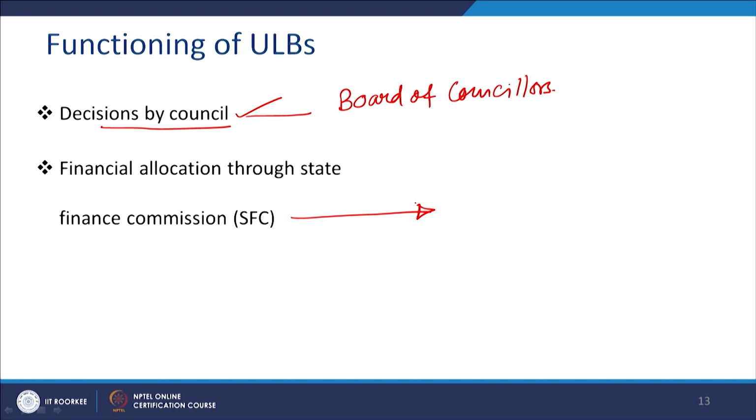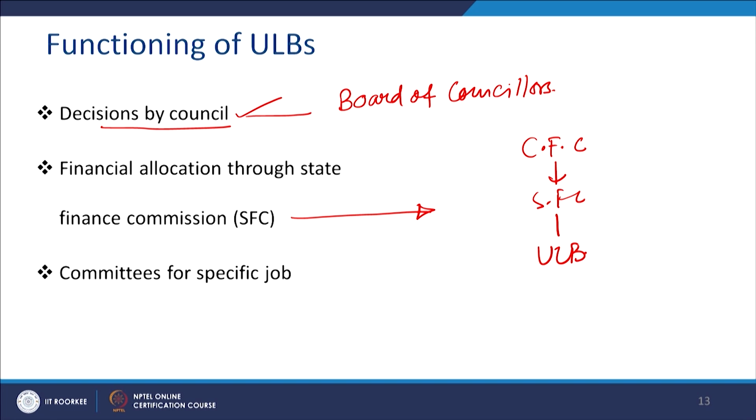The State Finance Commission will be formed at the state level. Their job will be to leverage the funds from the Central Finance Commission to the State Finance Commission to the urban local bodies, and there will be several committees formed for this specific job. I will give you the examples, and there will be tax and non-tax revenues which will also add to the allocations by the Finance Commission, which will help urban local bodies to function.